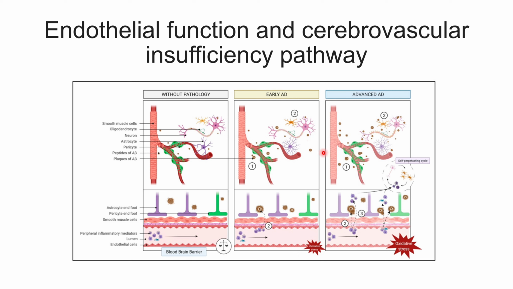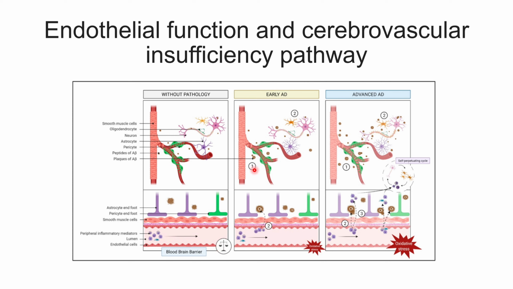And here is another example of self-perpetuating cycles, and this is related to the blood-brain barrier. In this case, without any presence of amyloid beta, the blood-brain barrier functions normally. There is no effect in the blood-brain barrier, and it will act in a balanced form.